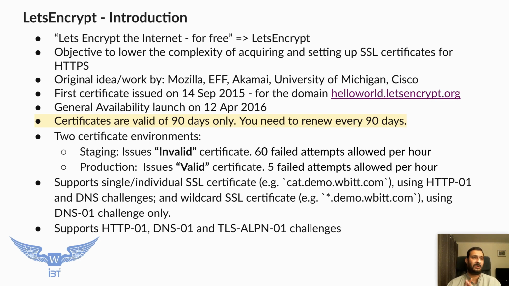But if you want a wildcard certificate for your domain, for example *.demo.wbitt.com, then the only challenge which will work is DNS. Let's Encrypt supports 3 challenges: HTTP, DNS, and TLS ALPN, but the last one is not for everyone, so we'll just restrict our discussion to these 2.